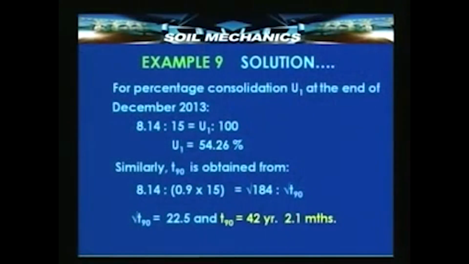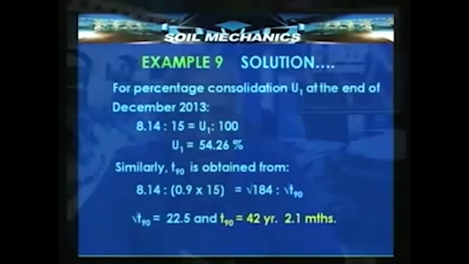Obviously, it must be in the same ratio as U1 is to U2, where U2 now is 100%, because 15 centimeter corresponds to 100% settlement. So, from this we find that the degree of consolidation at 8.14 centimeter settlement is 54.26%. If that is 54.26%, again using the same ratio, we can say that 90% of 15 centimeter settlement will correspond to a T90 of 42 years and 2.1 months.